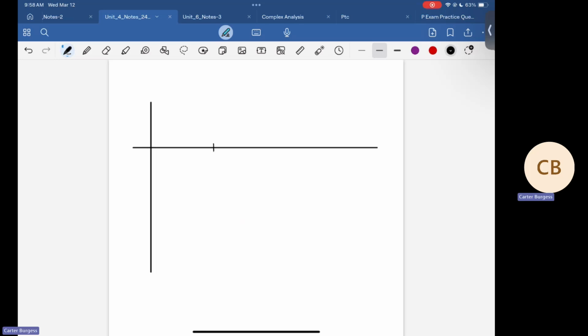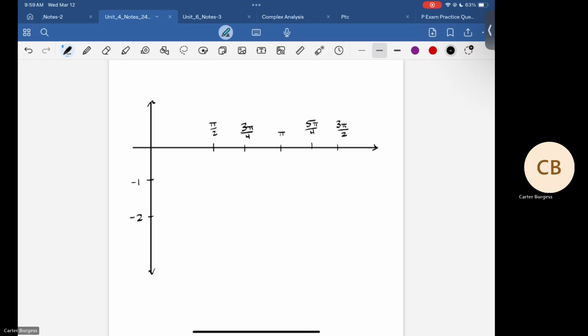We said this was pi over 2, 3 pi over 4, pi, 5 pi over 4, and 3 pi over 2. This is, we'll call this -1, -2.